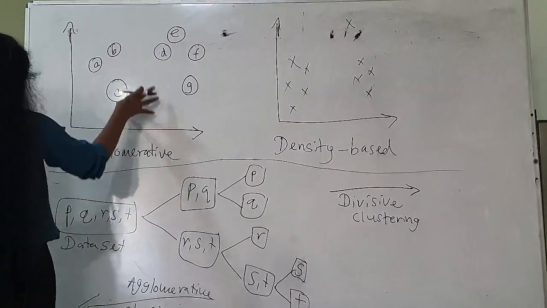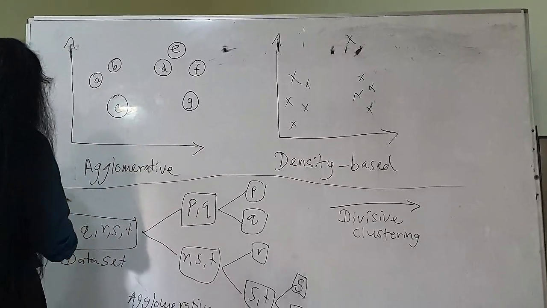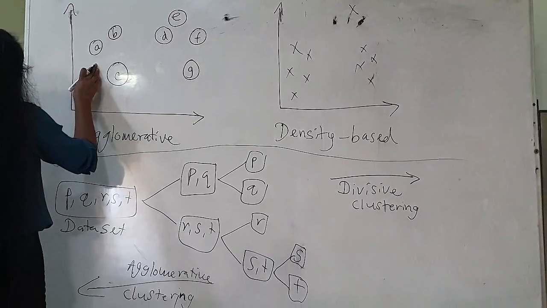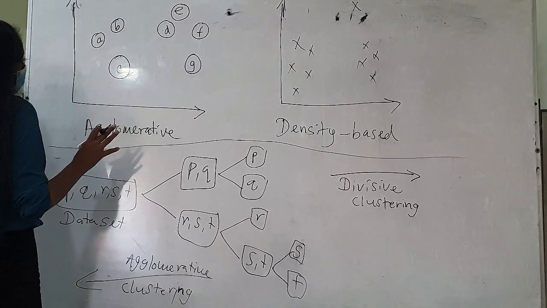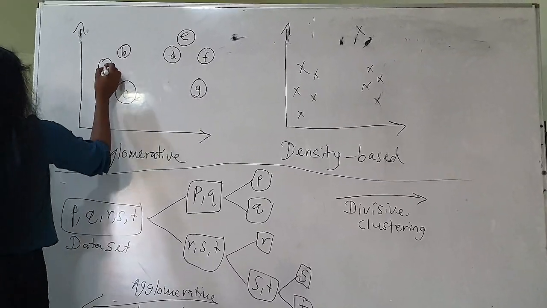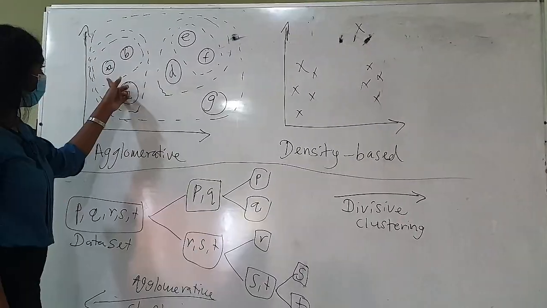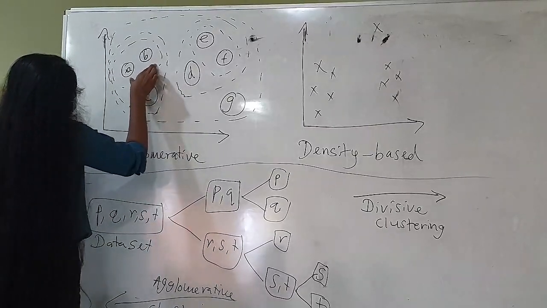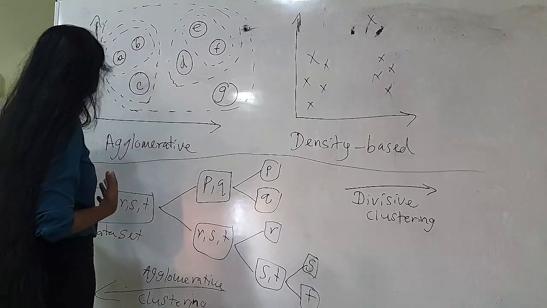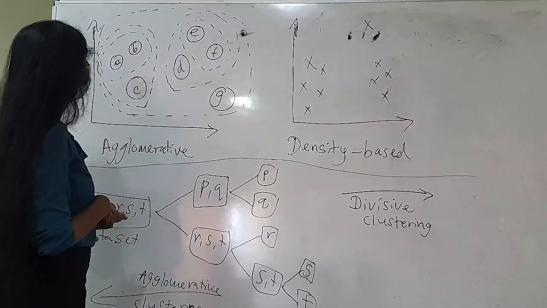We consider these data points on a palette. First of all, we consider each data point as a single point, calculate the center point, find the nearest data points and then calculate the nearest data point's distance.